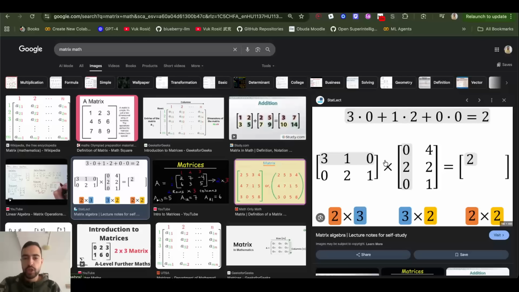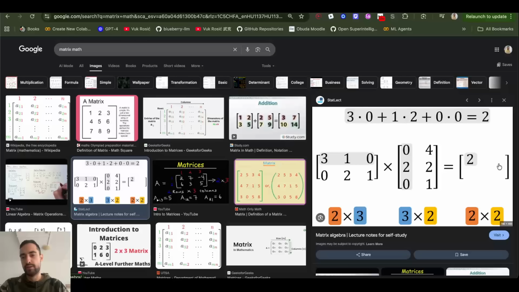And then you will go for the second one, first row and second column here. So you go 3 times 4 plus 1 times 2 plus 0 times 1, and the result goes here. So you just put the result at the intersection. So first row, second column.